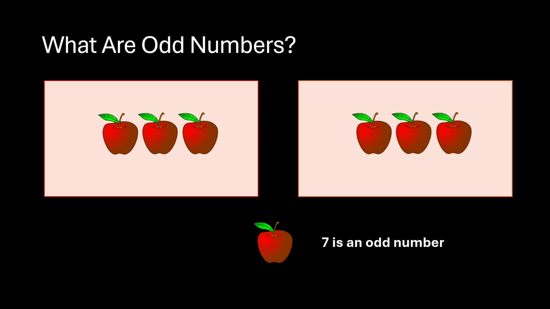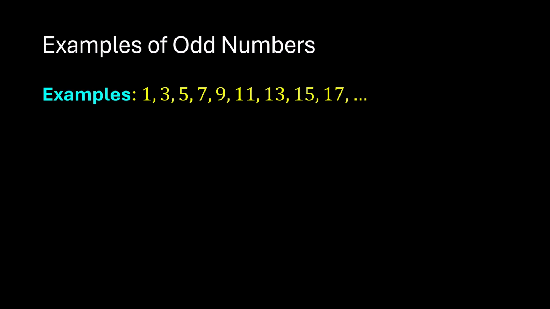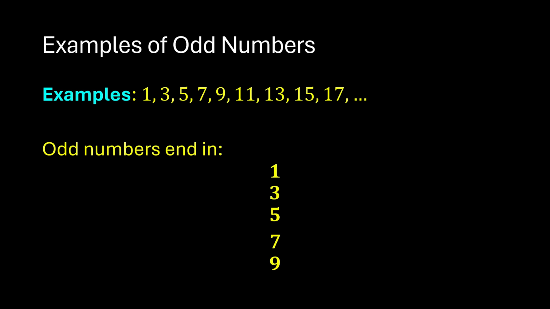Some examples of odd numbers are 1, 3, 5, 7, 9, 11, 13, 15, 17, and so on. Notice that the odd numbers end in 1, 3, 5, 7, and 9.